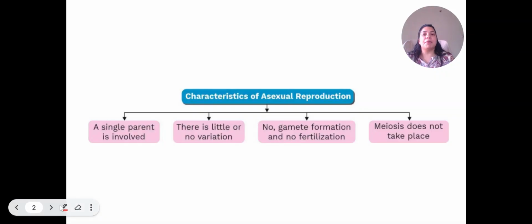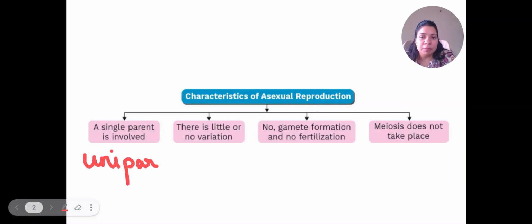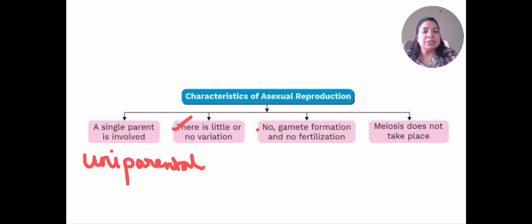Firstly, if you remember, it is a form of reproduction involving only a single parent, that means it is uniparental in nature. Then it involves little or no variation. There occurs no gamete formation, and if there is no formation of gamete, there occurs no fertilization. When there is no fertilization taking place, then there is no scope of meiosis occurring.